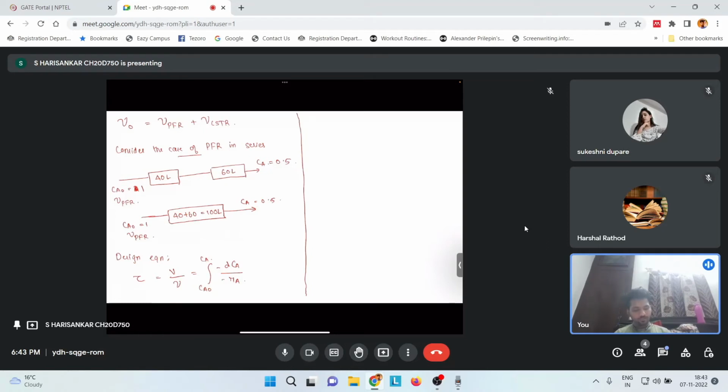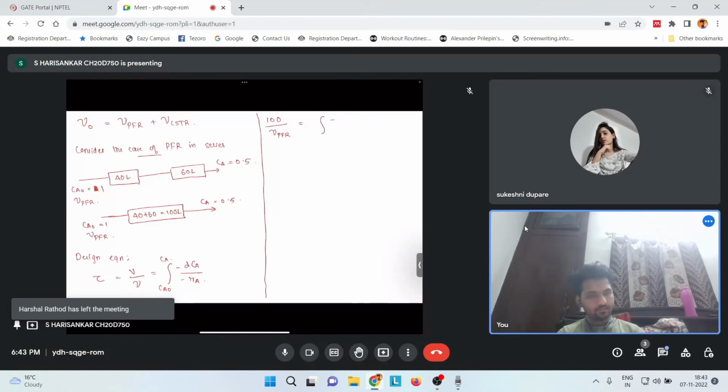So we have 100 liters by nu PFR, that will be equal to the integral of minus dCA by RA, and the reaction here is first order.